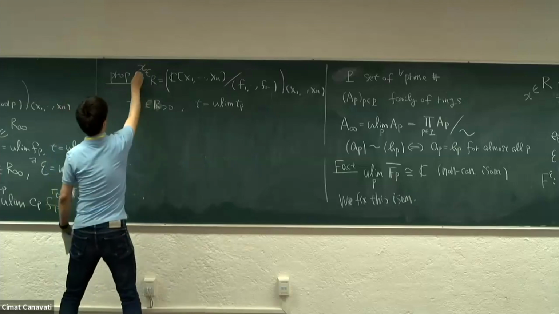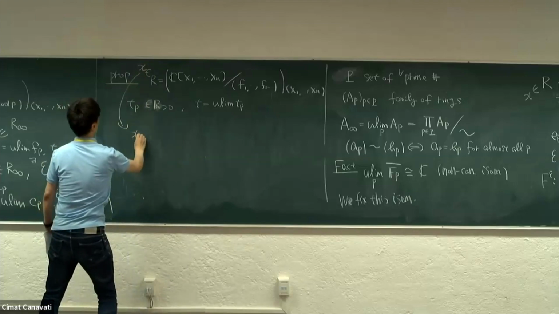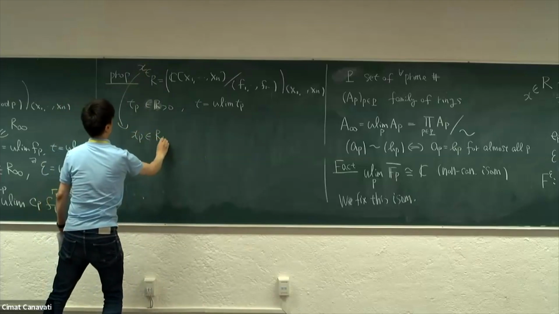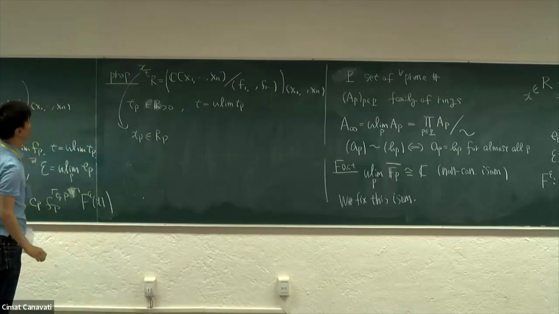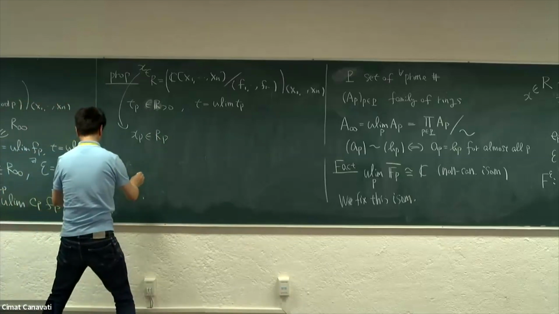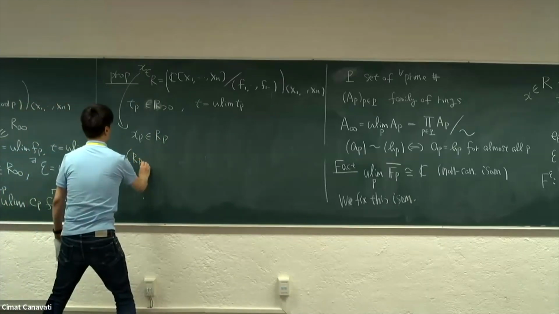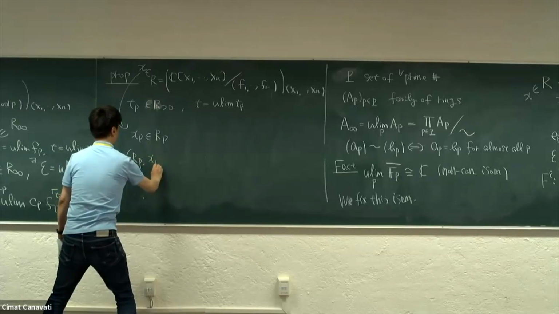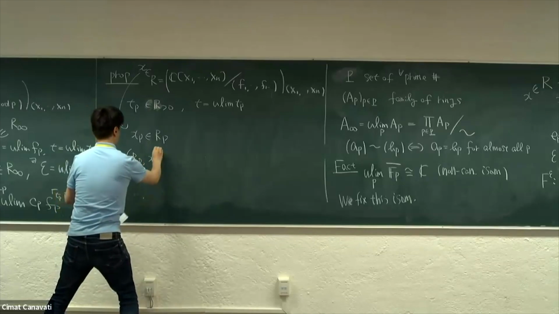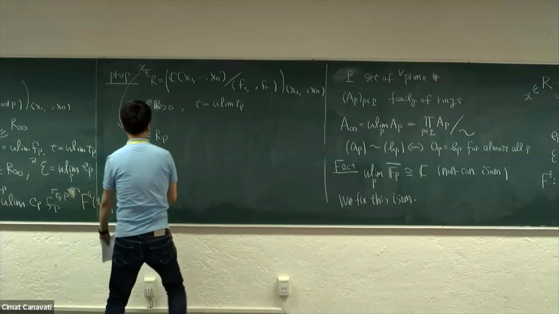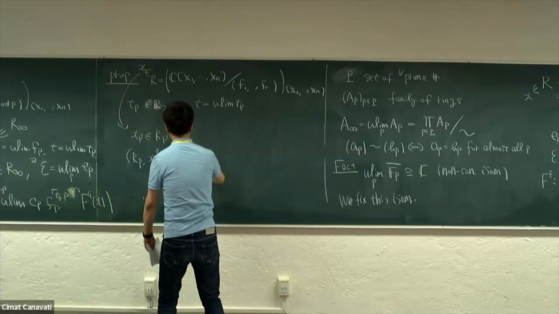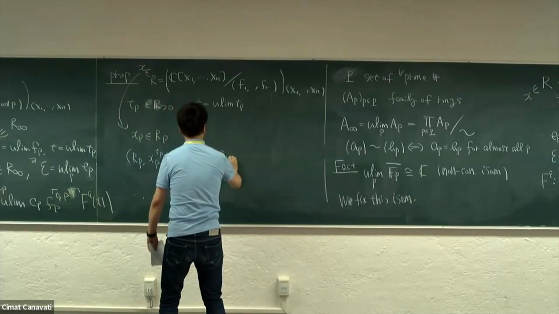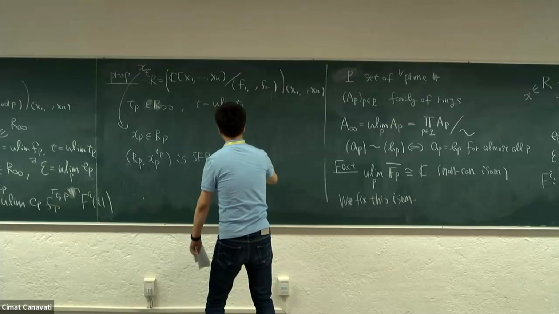Then as I said, we have an element x sub P in R sub P. Then what I want to say is that the pair (R sub P, x sub P to the t sub P) is strongly F-regular for almost all P.